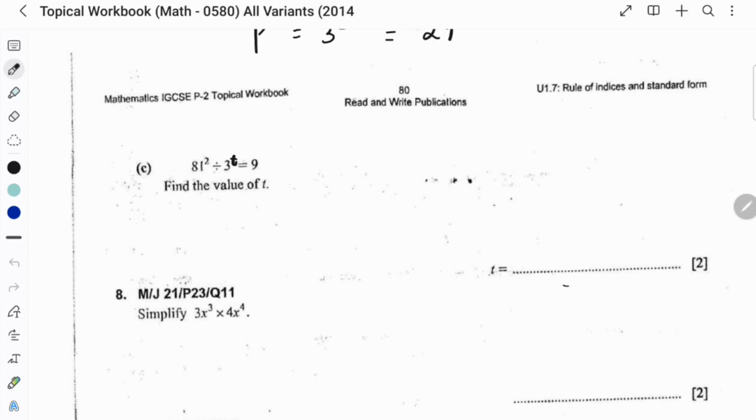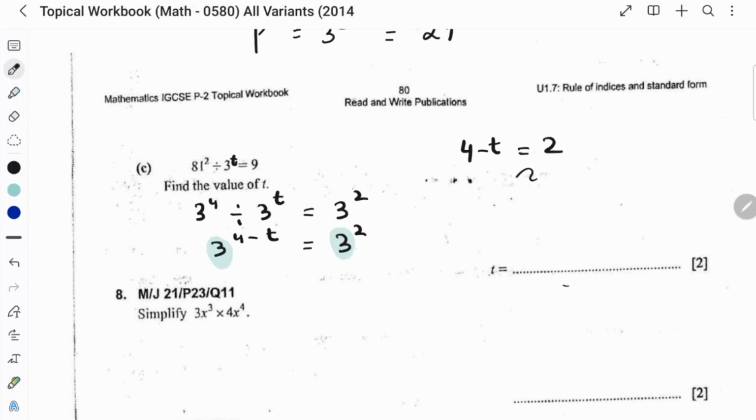Okay, so in this C part, we will write 81 as 3 to the power 4, divided by 3 to the power t equals 3 square, and we do 4 minus t equals 3 square. Then we write 4 minus t equals 2 because the bases are the same. Then minus t is 2 minus 4, and minus t is minus 2. Then t will be equal to 2 in this question.